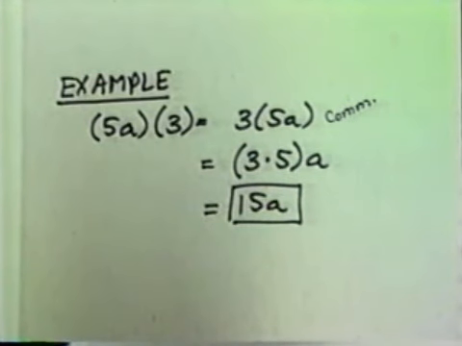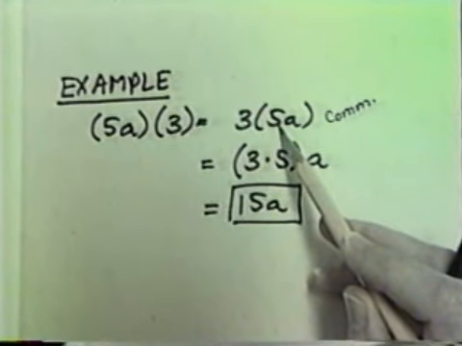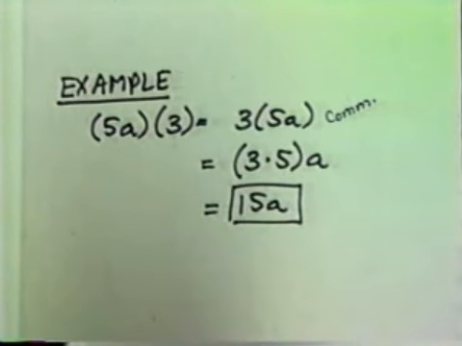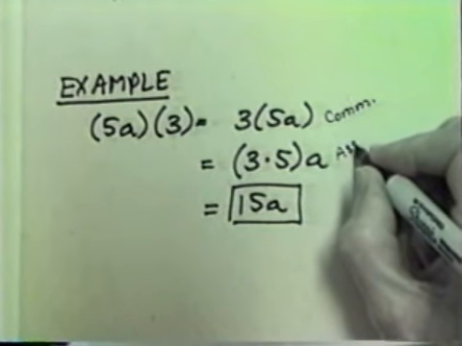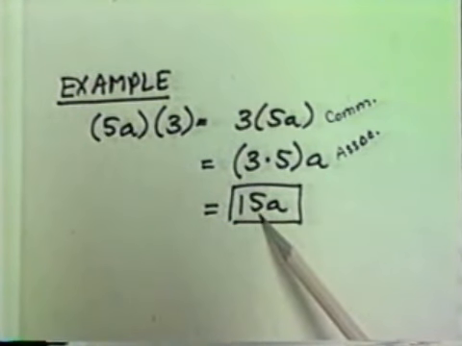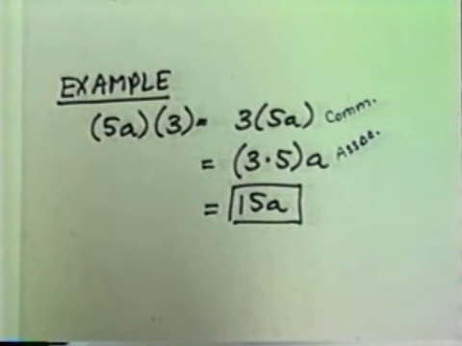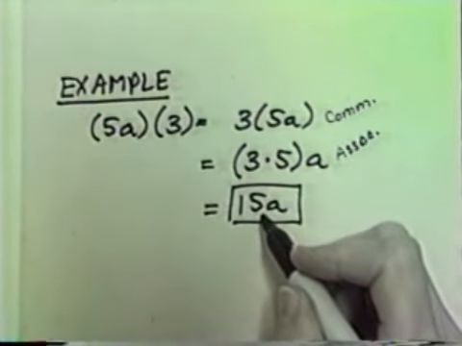Then what I'd like to do is multiply the 3 times the coefficient 5, and so I'll group those together. We're changing the grouping, which means we're using the associative property. And then 3 times 5 is 15, and so the answer is 15a. This means that 5a times 3 is 15a.